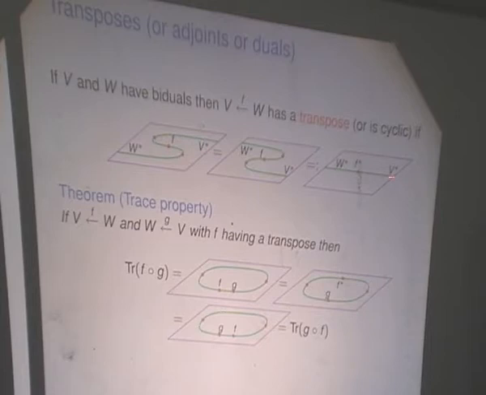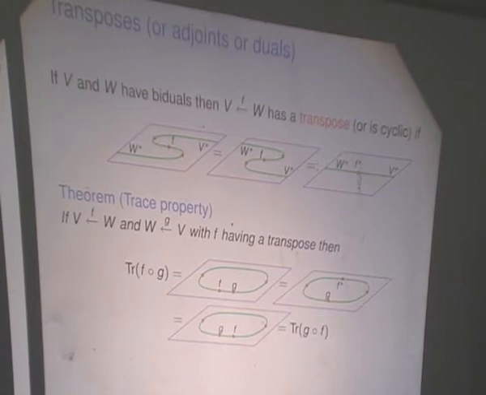And the reason it's called cyclic is because of the following cyclic property. So if we have two morphisms in our category, from W to V and from V to W, with one of them having a transpose, then this trace that I've defined, this round trace, satisfies this trace condition.